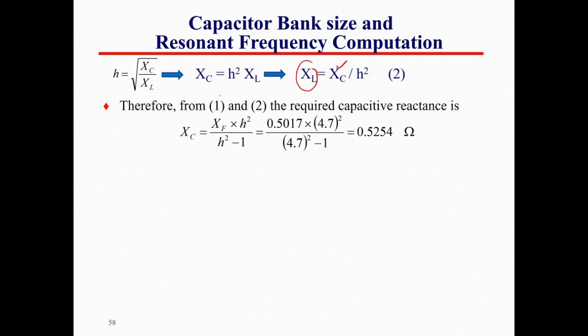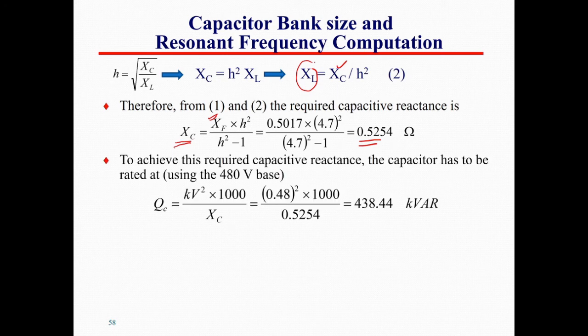We know also from the previous chapter that the reactance of the capacitance with respect to the reactance of the filter can be obtained from this equation. So the capacitive reactance will be equal to the reactance of the filter times the tuned harmonic factor squared over the harmonic factor squared minus 1. So that will give us the value of the capacitive reactance, and then of course we can calculate the reactance of the inductance.